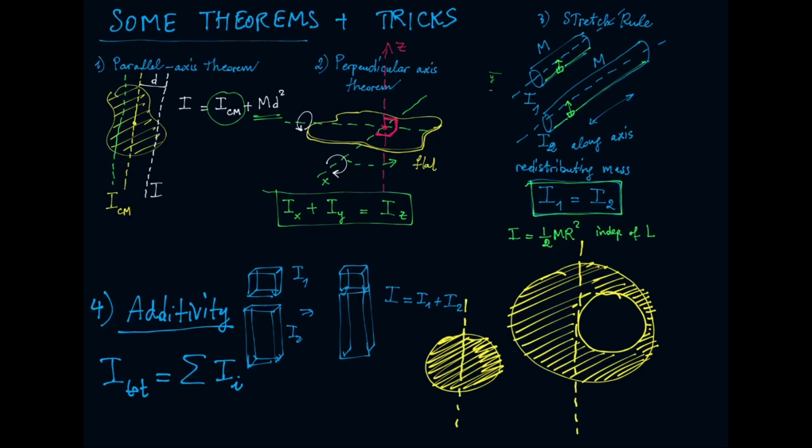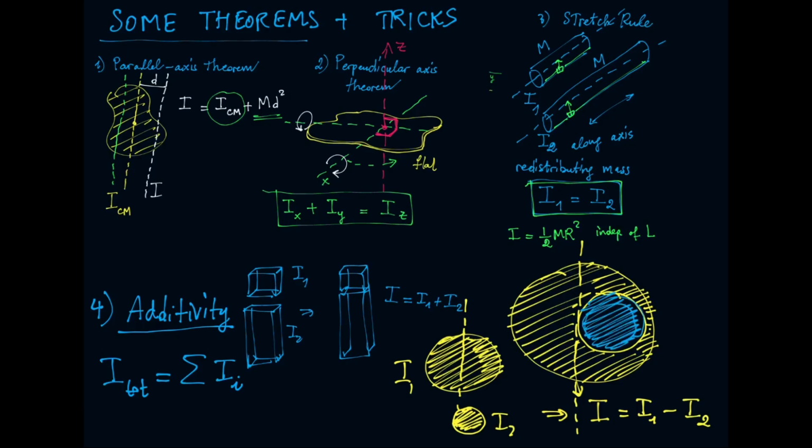I know the moment of inertia of the smaller disk. Let's call them I1 and I2. Then the moment of inertia of this object here is the first one minus the second one, right? Because if I add the smaller disk to this final shape that I'm interested in, I find precisely I1.